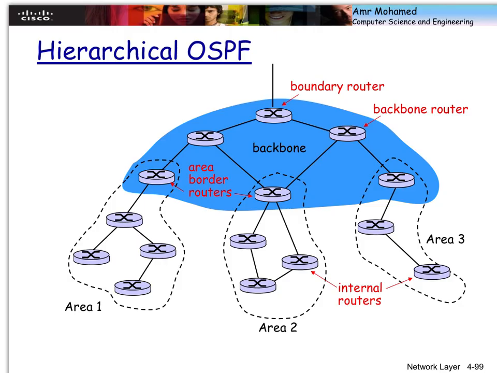Clear? So the border gateway router is connected to the backbone, which is connected to multiple areas. I can do the link state advertisement within an area, again, to control the overhead related to flooding the link states. Okay? So from one area to another, I have to go through the area border router to the backbone and then to another area. This is the cost that I have to pay.